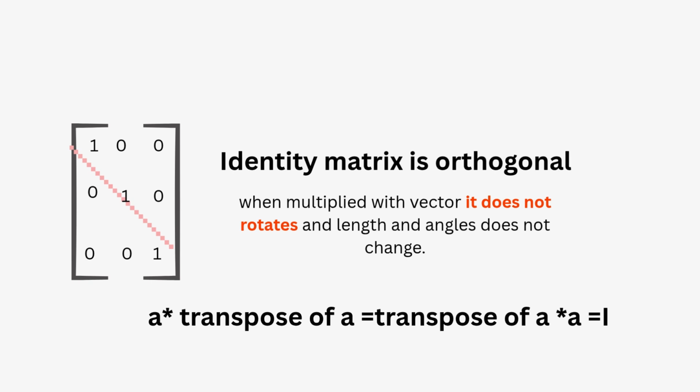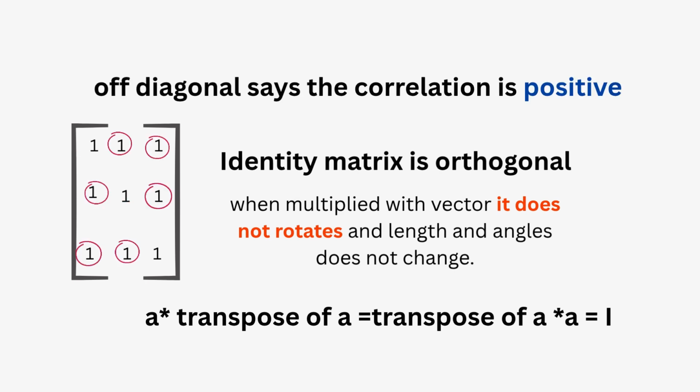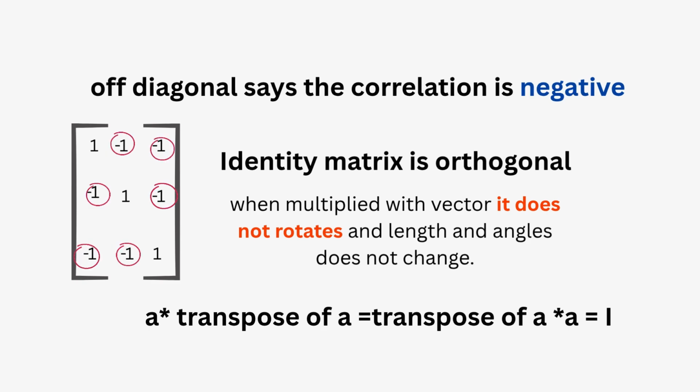That means the vectors are orthogonal, which means the direction between each element is perpendicular, or in other words, they have 0 correlation. If it is 1, then they have more correlation. If it is -1, they have negative correlation. That's the key to PCA.